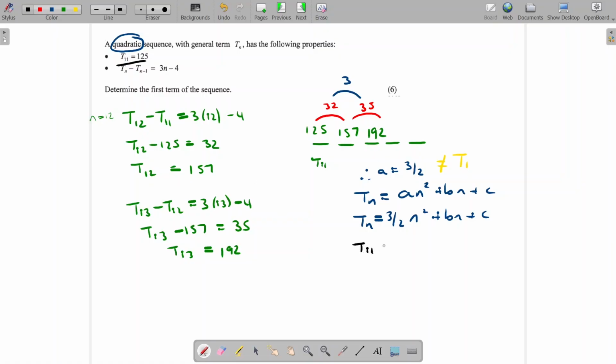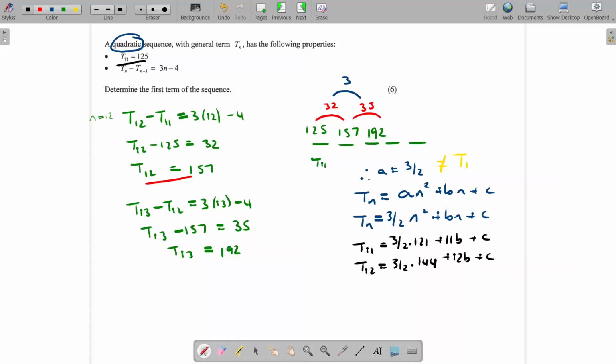So T of 11 equals 3/2 times 121 plus 11b plus c. I'm going to go back to the thing that I've discovered, so as a result, T12 equals 3/2 times 144 plus 12b plus c.